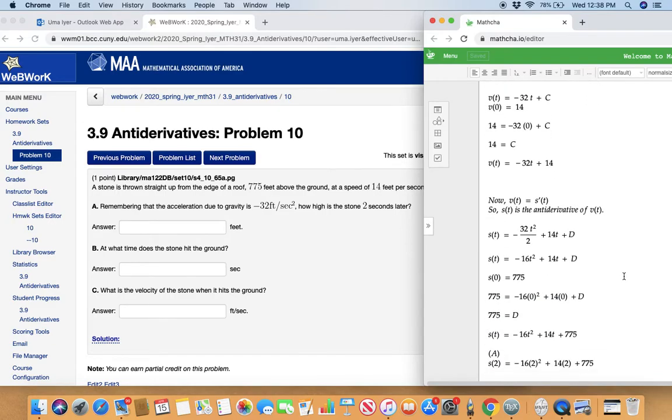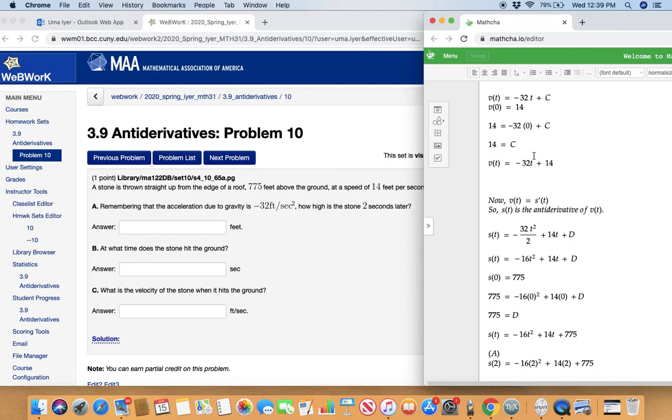Now continuing, velocity is the derivative of position. In other words, the position is the antiderivative of velocity. Velocity is negative 32t plus 14. So position, which is the antiderivative, will be negative 32 as it is, but the power of t increases by 1 and we divide by the new power.